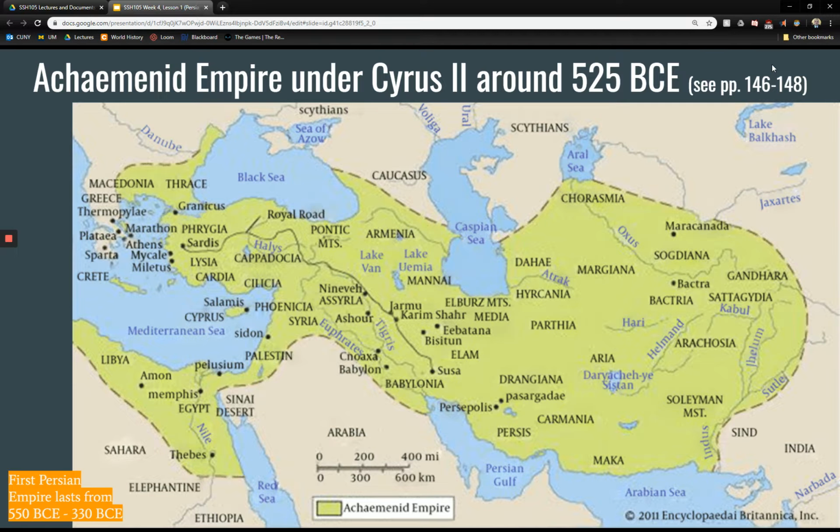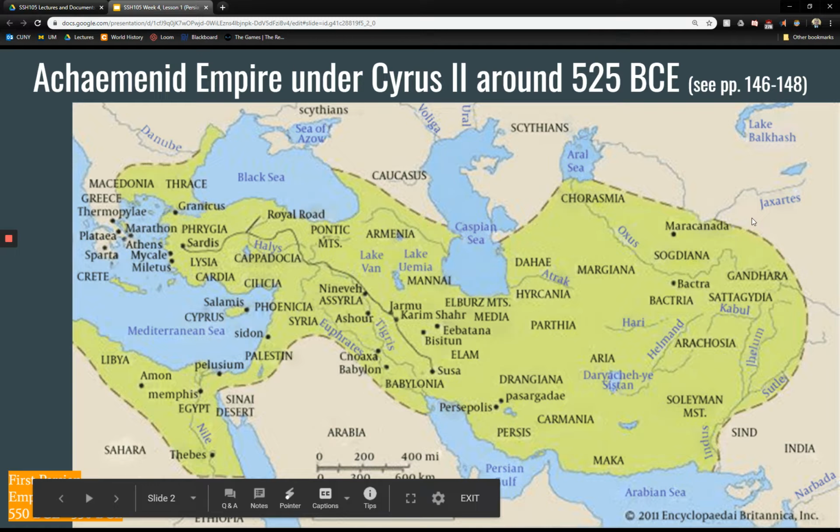This is a map of the Persian Empire, also known as the Achaemenid Empire. And this is under Cyrus II around 525 BCE. So this is early in the Persian Empire, after the conquest of a large chunk of both the Fertile Crescent, the Mediterranean, parts of what would be Greece, and also heading all the way over to the Indus River, as you can see here.